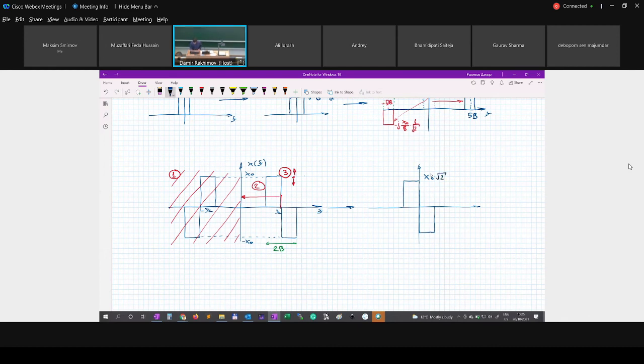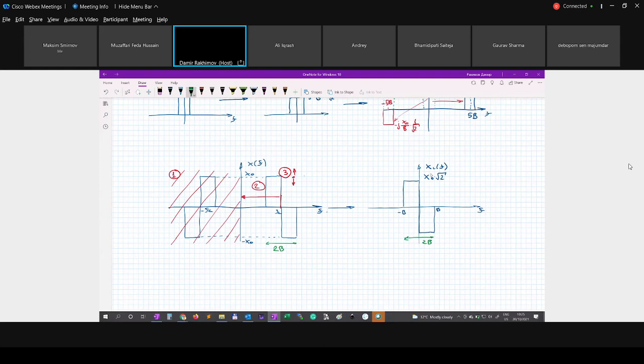And that's it. This is our spectrum in low pass range. It goes from minus B to capital B, because the range equals to 2B.